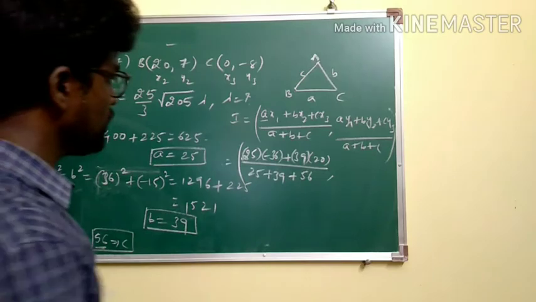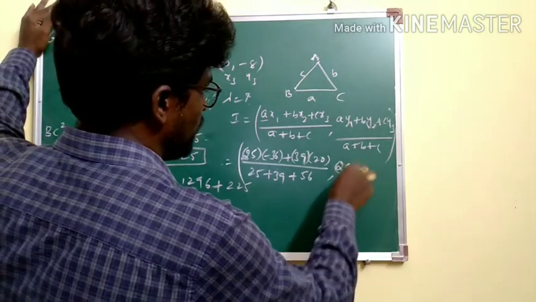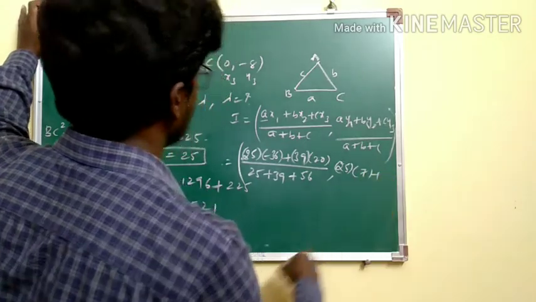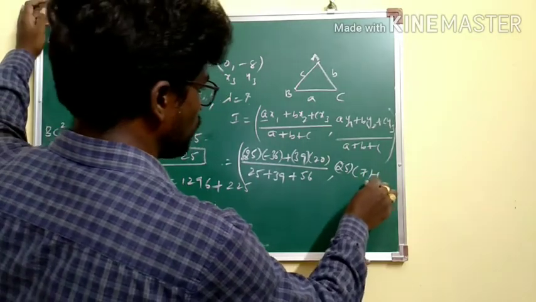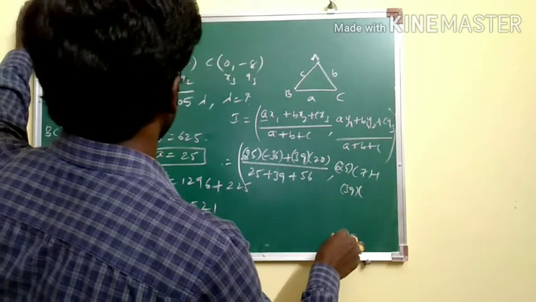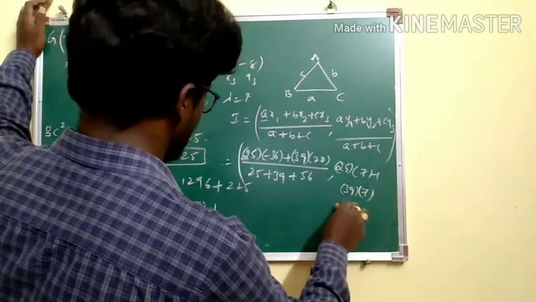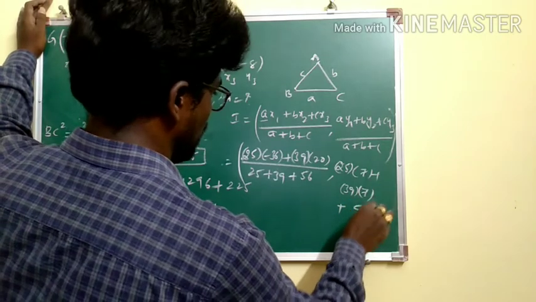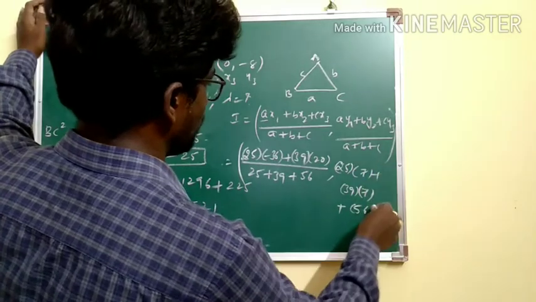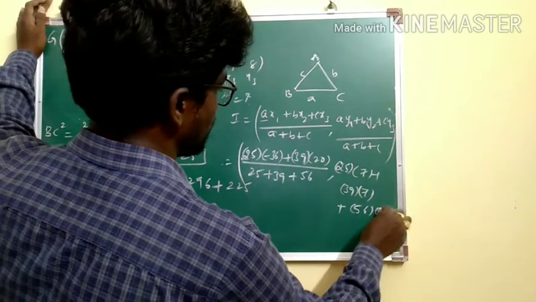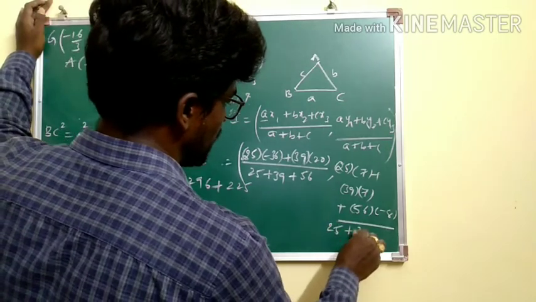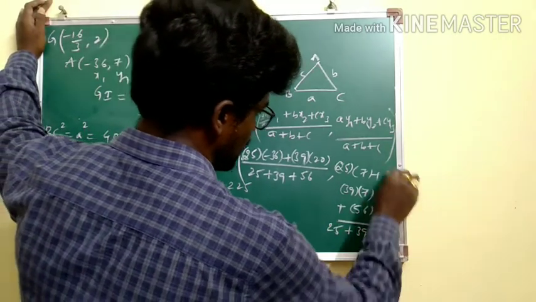Similarly, ay1 means 25 into y1. What is y1? 7, plus by2. by2 is nothing but 39 into 7, plus cy3, 56 into minus 8, by again we have 25 plus 39 plus 56.